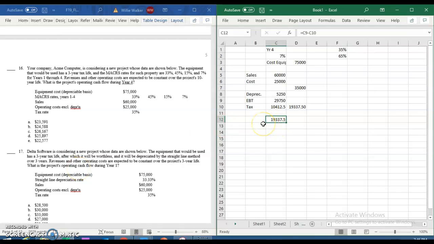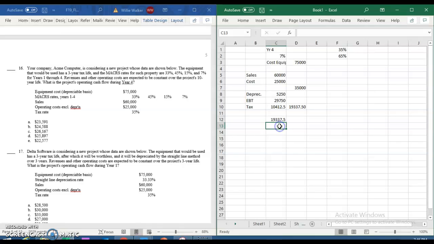All right. The problem asks us what's the operating cash flow. It doesn't ask us about what our net income is. Operating cash flow is basically this amount, the amount that we have on hand after tax, plus our depreciation, because depreciation is kind of like an intangible expense. It's not a real cash outflow. It's a paper cash outflow, but you still got that money in your account, basically. All right.